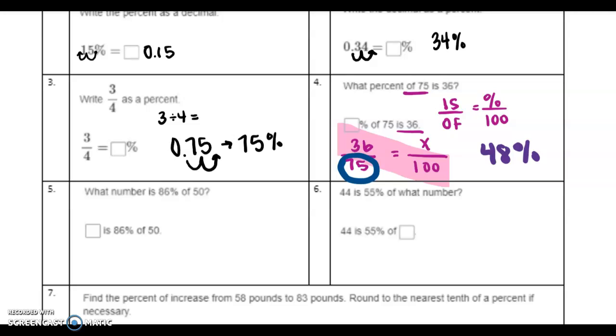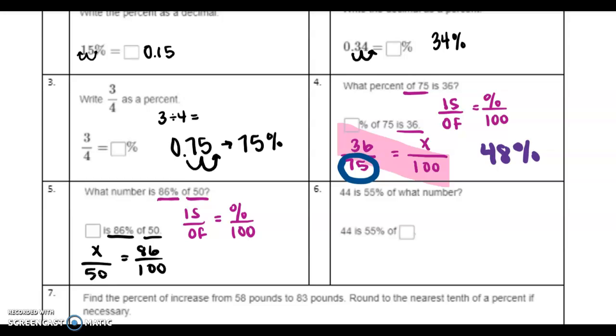What number is 86%? So that has our percent sign, and then of 50. So again, we're going to use is over of is equal to our percent over 100, because a percent is always out of 100. So we have 86%, so 86 over 100, of 50, so that's going to go on the bottom of our fraction.